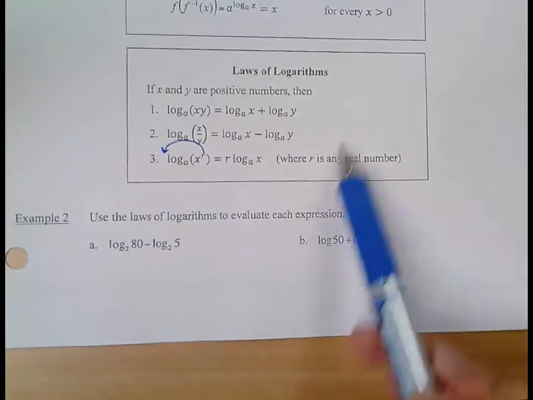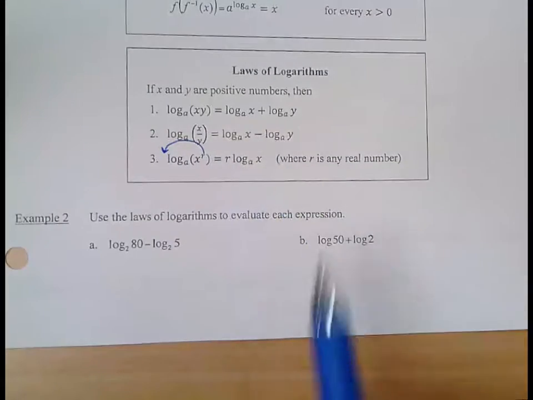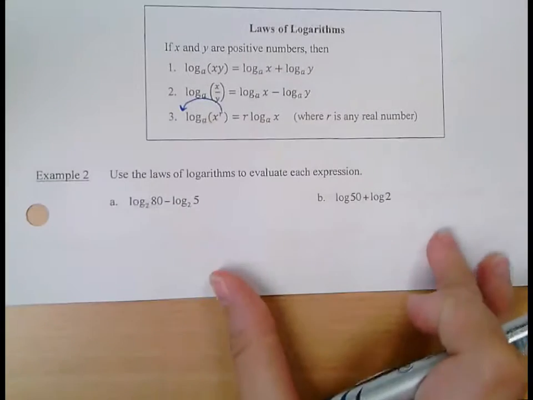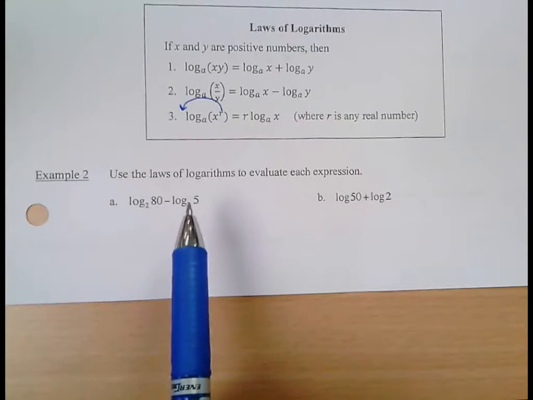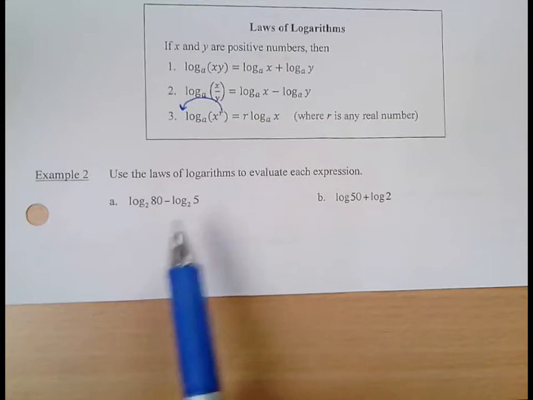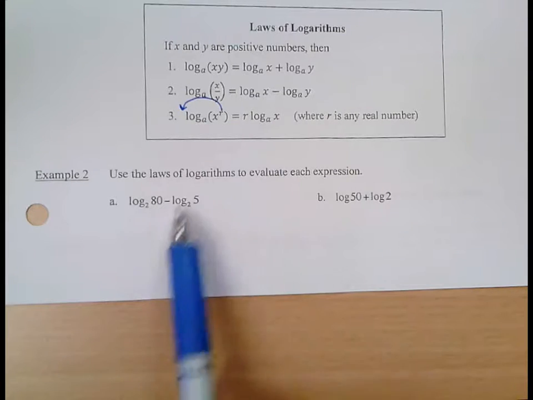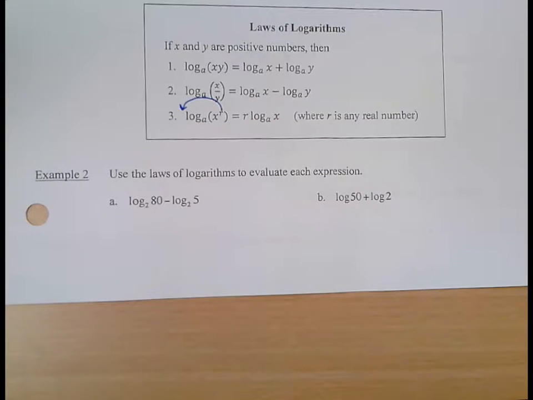Or vice versa. If it is multiplied in front of a logarithm, it can be brought up as an exponent. And these we do use throughout the course, the laws of logs. So you do need to know them. So I have, for example, to use laws of logs to evaluate each expression. So actually practice the laws of logarithms. Don't just type the logarithm expression into your calculator. Practice the laws of logs because you need to know them anyway. So if we have log base 2 of 80 minus log base 2 of 5, so first of all, to use laws of logs, you have to make sure the bases on the logarithms are the same.